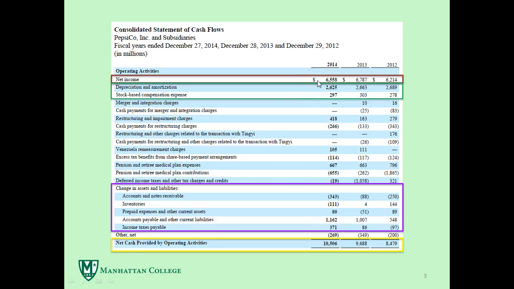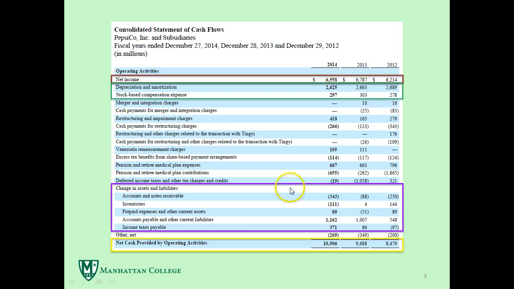They start with net income, add back non-cash expenses, adjust for changes in operating assets and liabilities to get the cash provided by operating activity number. Like a lot of companies, PepsiCo has less net income than cash from operations if it has non-cash expenses like depreciation and amortization, as well as stock-based compensation expense.